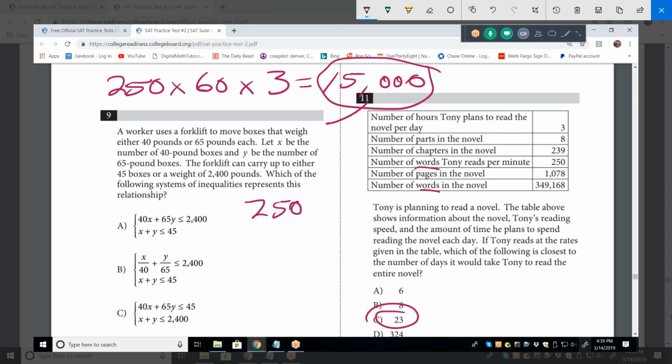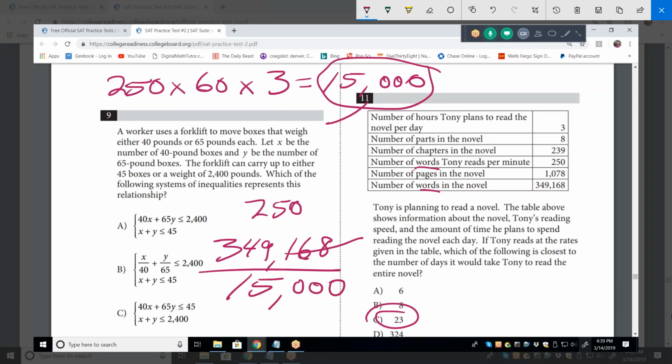It may look like you need a calculator, but if I'm dividing this number by 15,000, well, I can kind of do that. And what's that number? It's 20 something. It's not 324 and it's not 8.